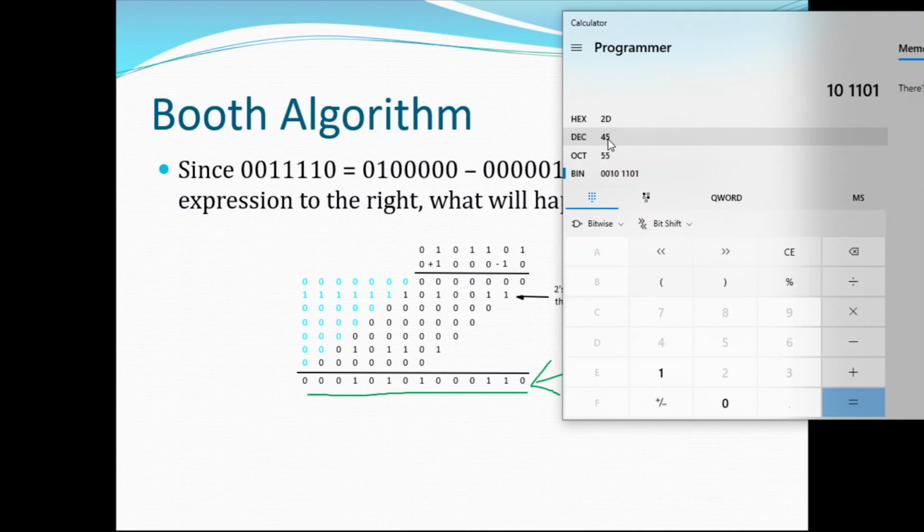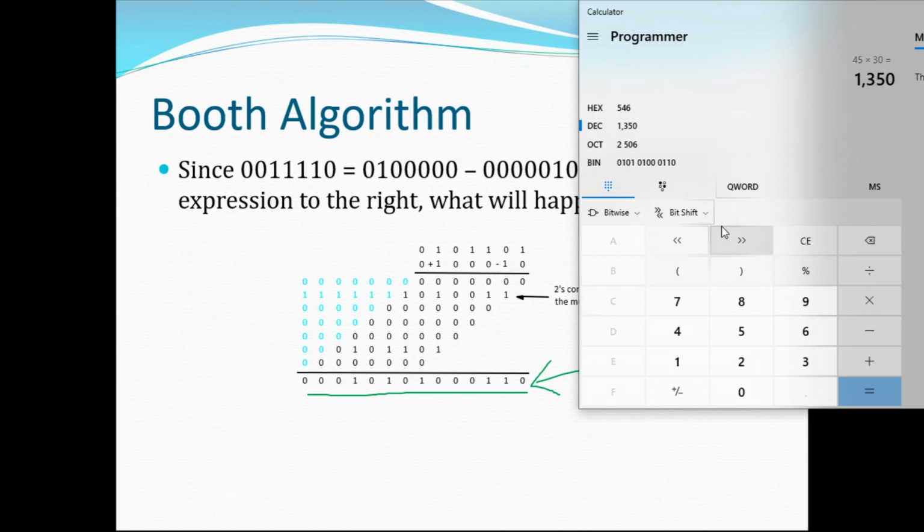The decimal equivalent is 45. So it is 45 into 30. What is the result we got previously? 45 into 30 is 1350. It should be 1350. So yes, this is the result.